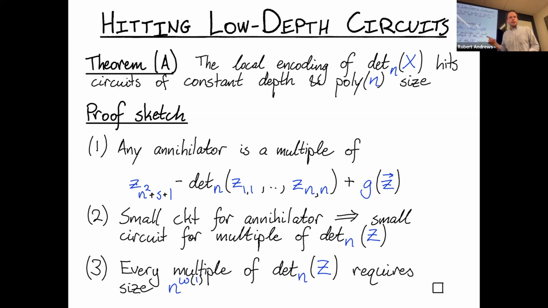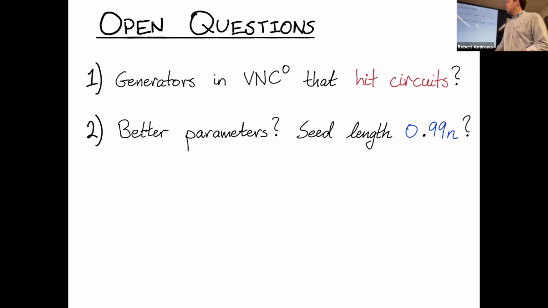So that's open question number 2, essentially: can you design generators that are this simple, but get better parameters? Could you get seed length like 0.99 times n? Or can you show some kind of trade-off, that if you're aiming for this really low complexity, there's some lower bound on the seed length you can expect to get? I don't really know how to prove these trade-offs, but I would be really interested in anything interesting.